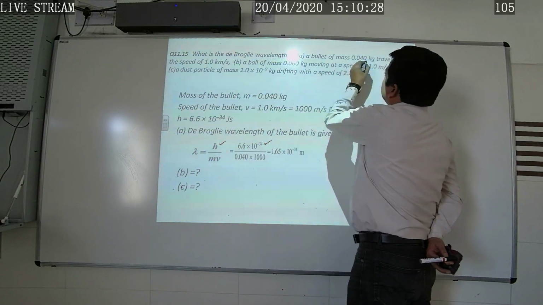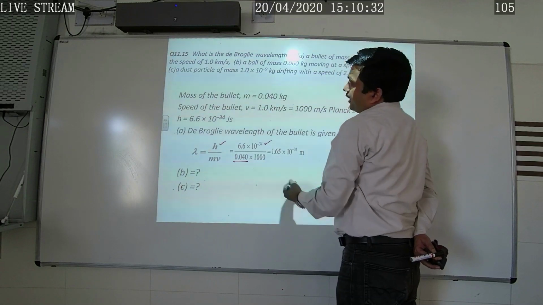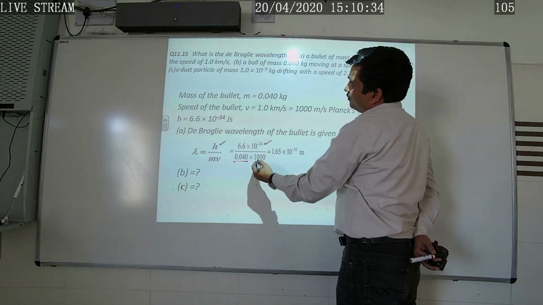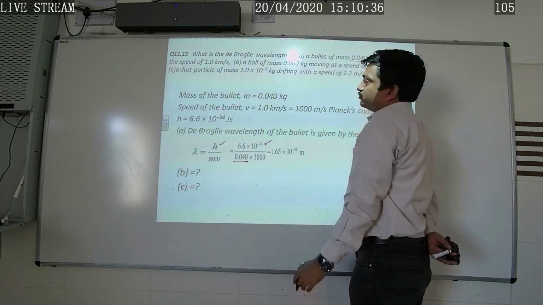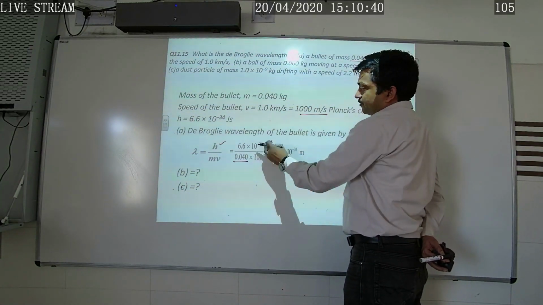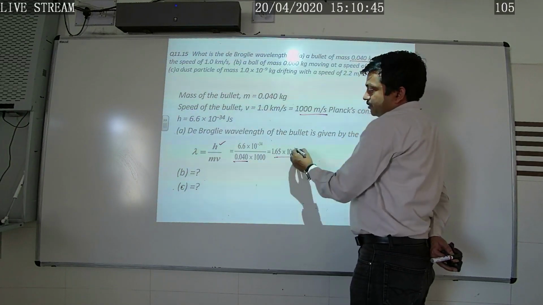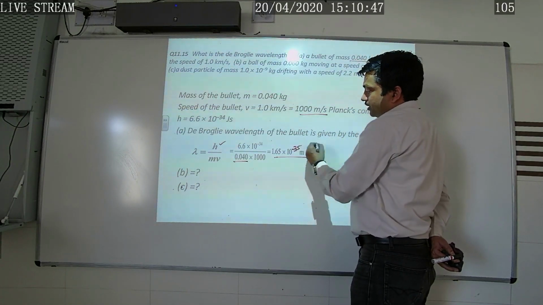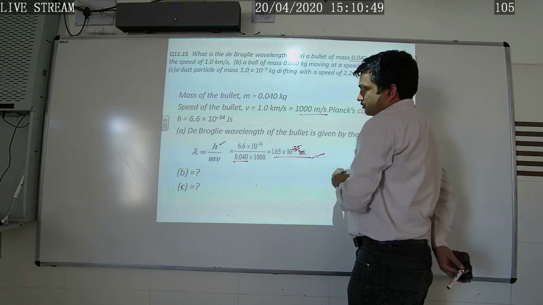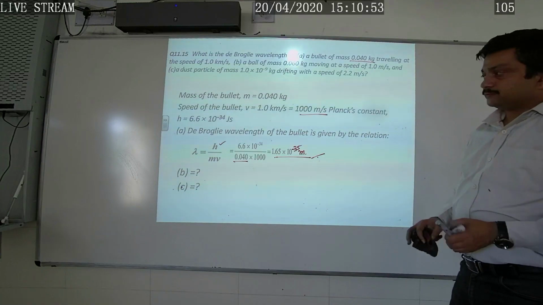In the first part, 0.040 kilogram is given, and the speed is 1 kilometer per second, so 1 kilometer means 1000 meter per second. Putting the values and calculating, we got 1.65 into 10 to the power minus 35 meter. So this is the de Broglie wavelength associated with the bullet.